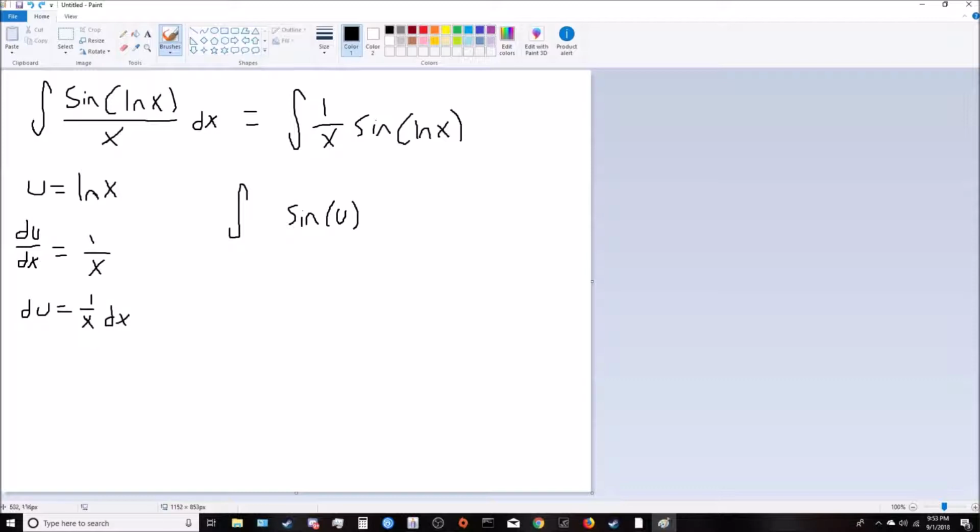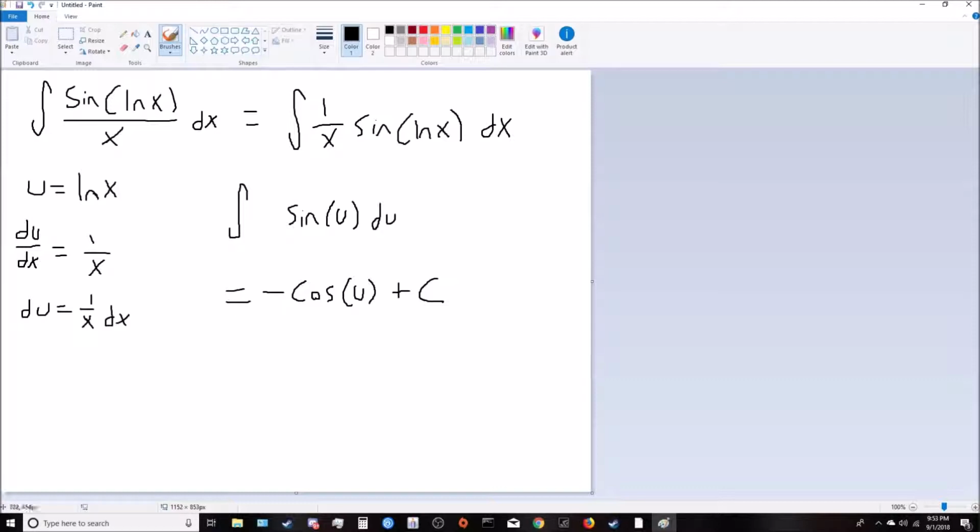So our du is also going to account for this 1 over x, as well as the dx, which I forgot to add here. So this big composite integral becomes the integral of sine u du. One single component, just in terms of a different variable. And now we can integrate this. You'll remember the antiderivative of sine is negative cosine of u. And we never want to forget that plus c there.